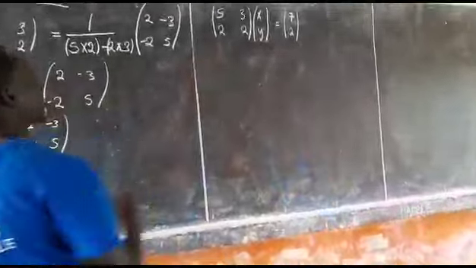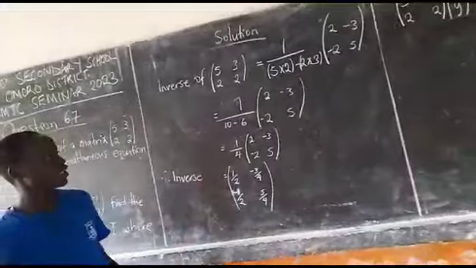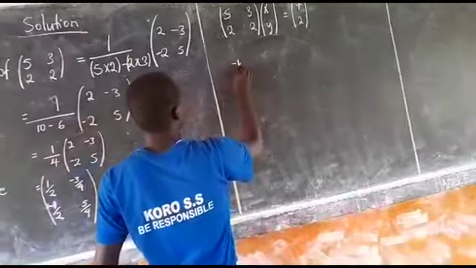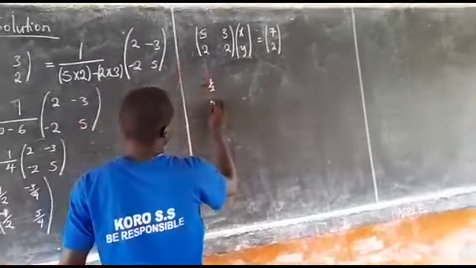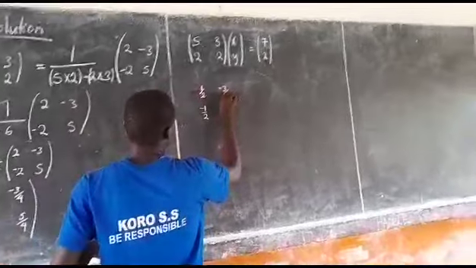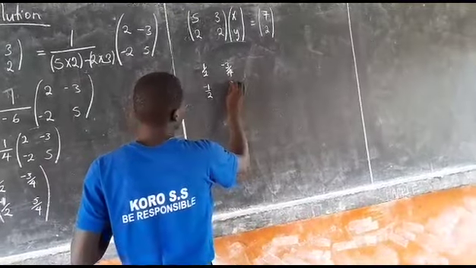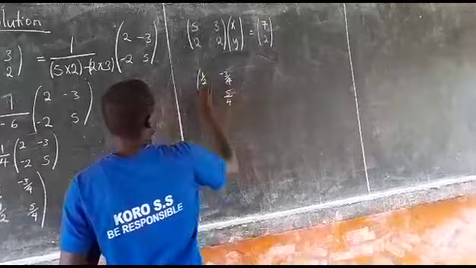So this one, we are going to pre-multiply it by the inverse, which we have got here. So we are going to say negative 1 over 2, here is negative 3 over 4, here is 5 over 4.